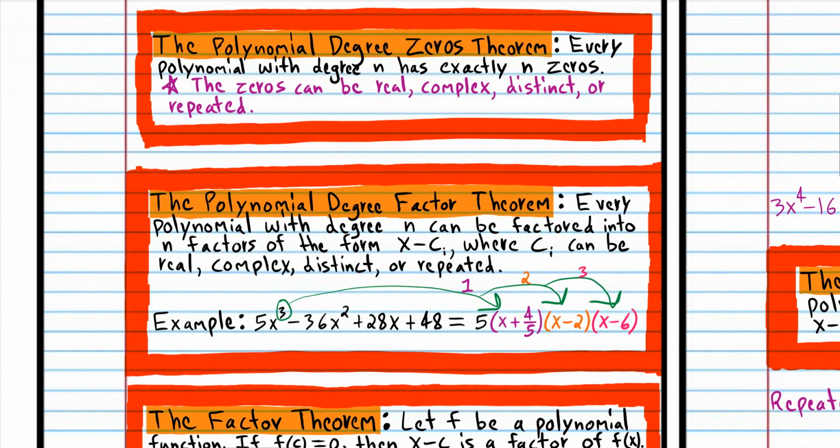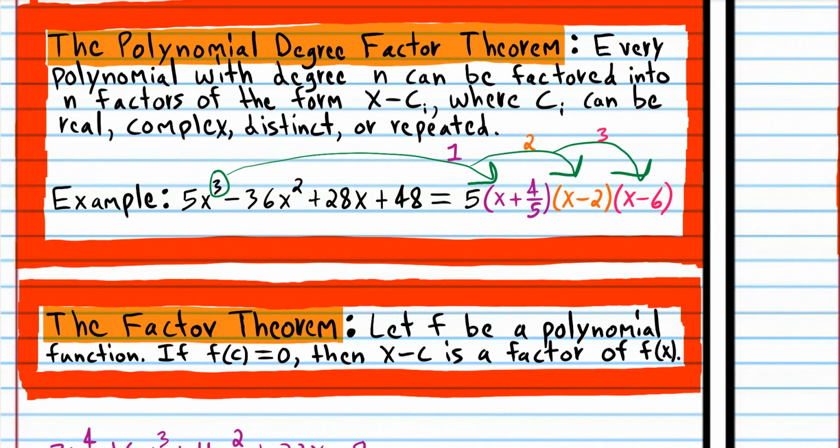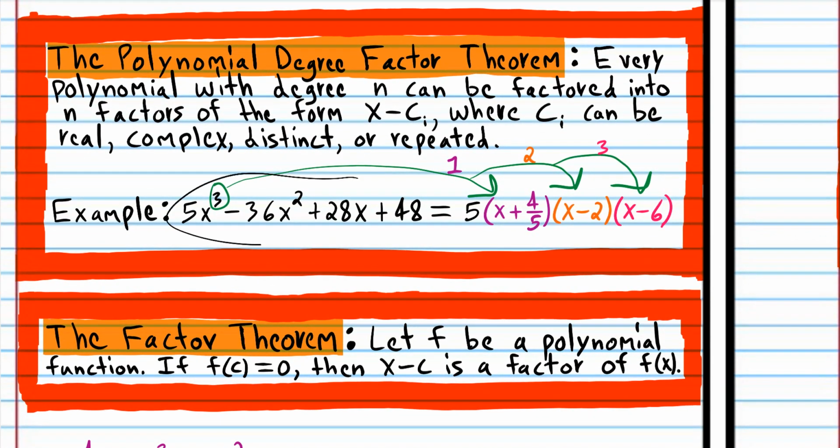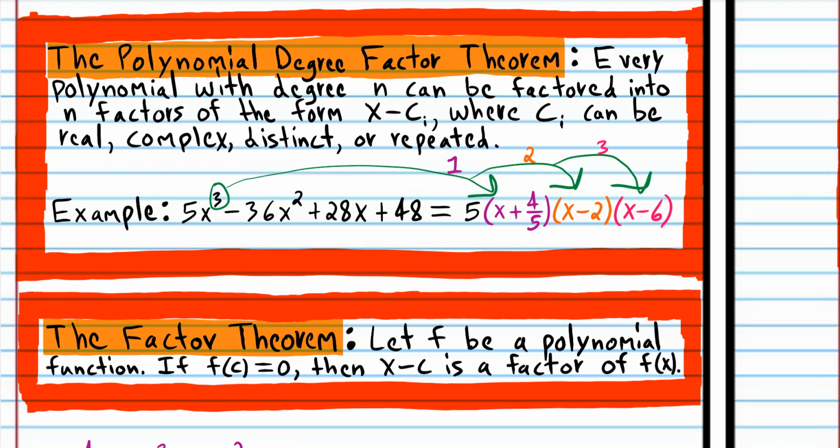So if there are n zeros for a polynomial equation of nth degree, then you can imagine that we would be able to factor polynomials into products of factors of this form here.